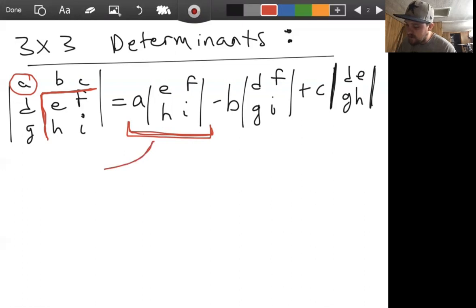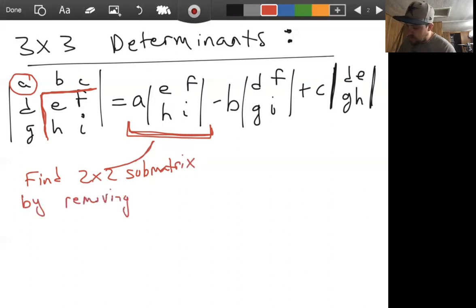You find the 2x2 submatrix by removing the row and column that A belongs to.